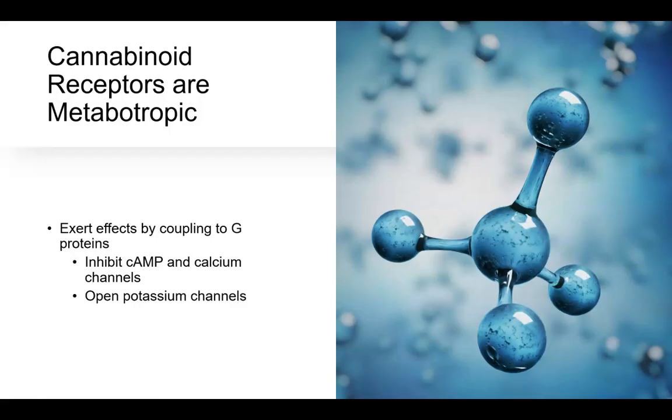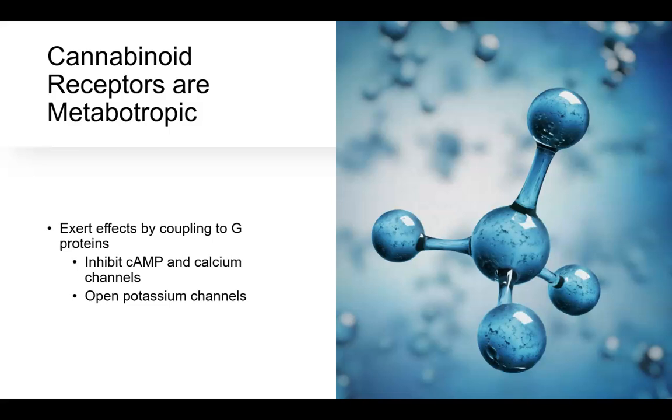We're not really going to talk about cannabinoid receptors very much, but what you do need to know is that they are metabotropic in nature. They are not ionotropic. They exert a wide variety of cellular effects, and they tend to be slower acting than ionotropic receptors.